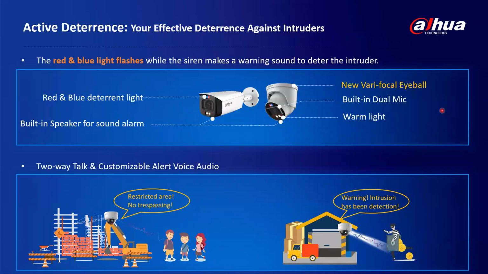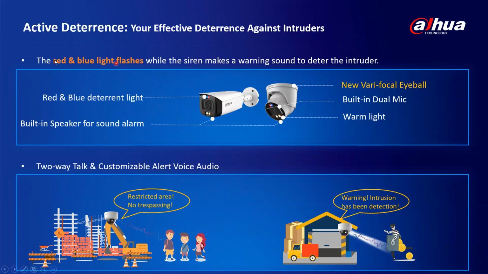On the active deterrence part of this TiOC 2.0 VSS 3 category, it provides effective deterrence against intruders. This gives us the highlight of some of the key parts of this camera.